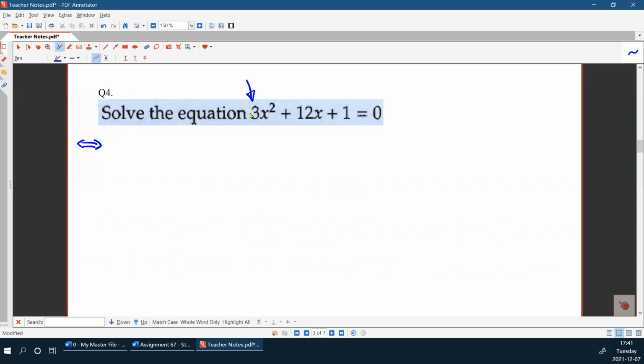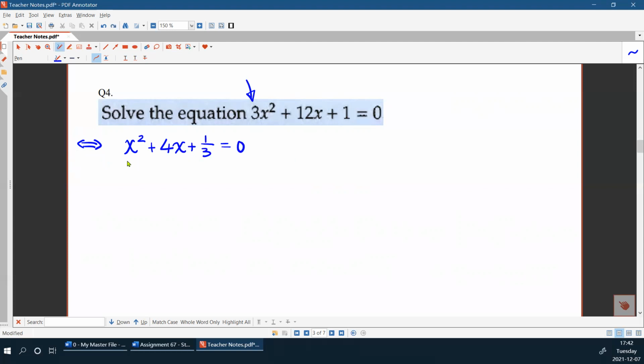If you divide both sides by 3, then we'll have x squared plus 4x plus 1/3 equals 0, right? Note that if you divide both sides by a number that is not 0, you did not change the solutions of the original equation, right? So that's why we can use the equivalent symbol here.